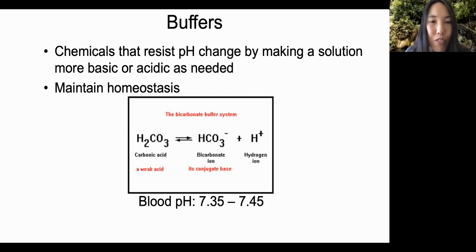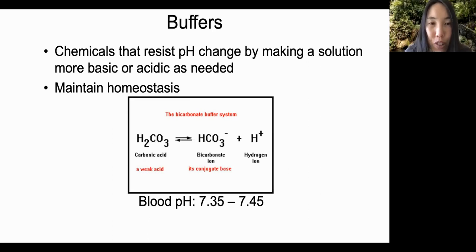Remember, anything above 7.0 is basic. And your blood pH has to be very specific. It can only be 0.05 off from 7.4. In other words, in the narrow window of 7.35 to 7.45. So it's very critical to keep your blood pH in homeostasis.